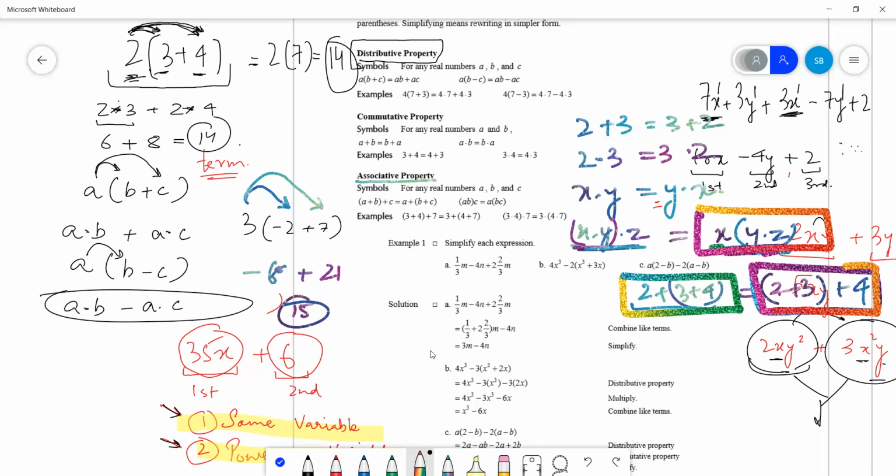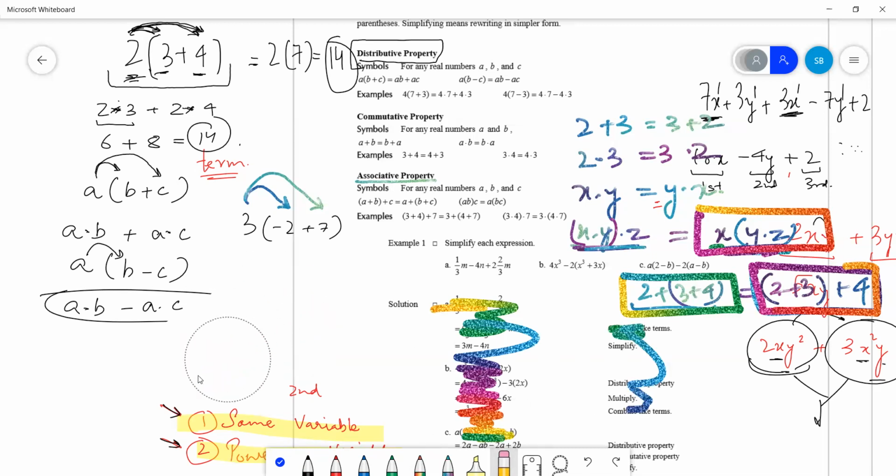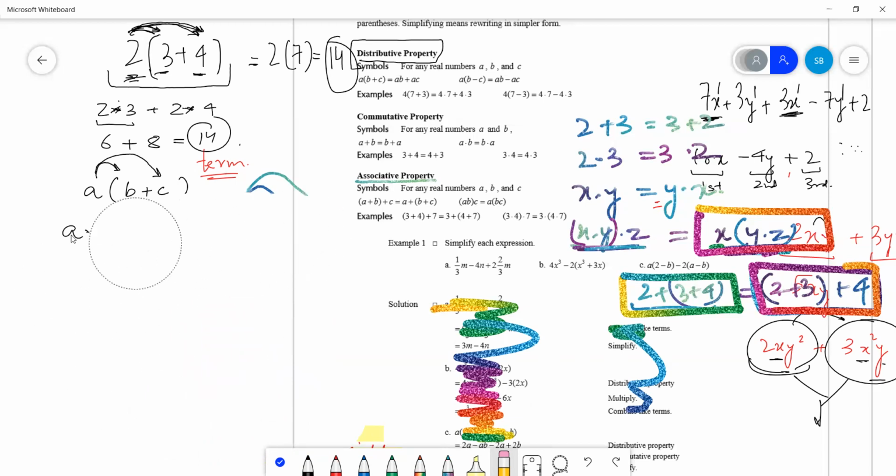Now, let us see some examples. We're having option B. I'll just erase it here. I will write the question in red ink on the left side: 4 times x cubed minus 2 times (x cubed plus 3x).